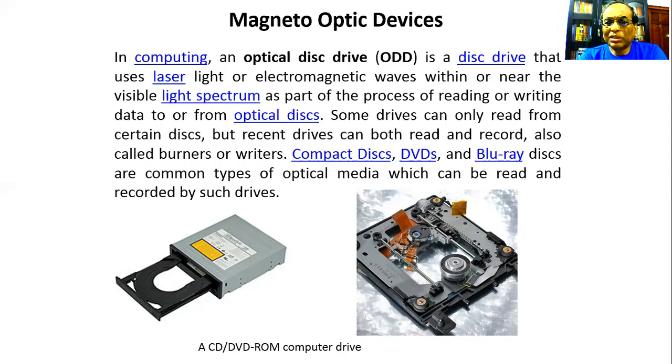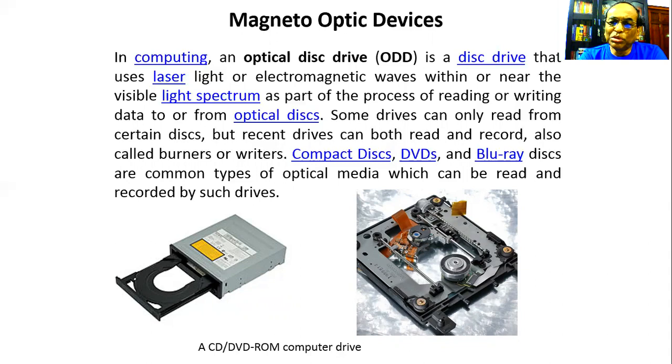Compact disc, DVD, and Blu-ray disc are common types of optical media which can be read and recorded by such drives. These are called CD, DVD, ROM computer drives.